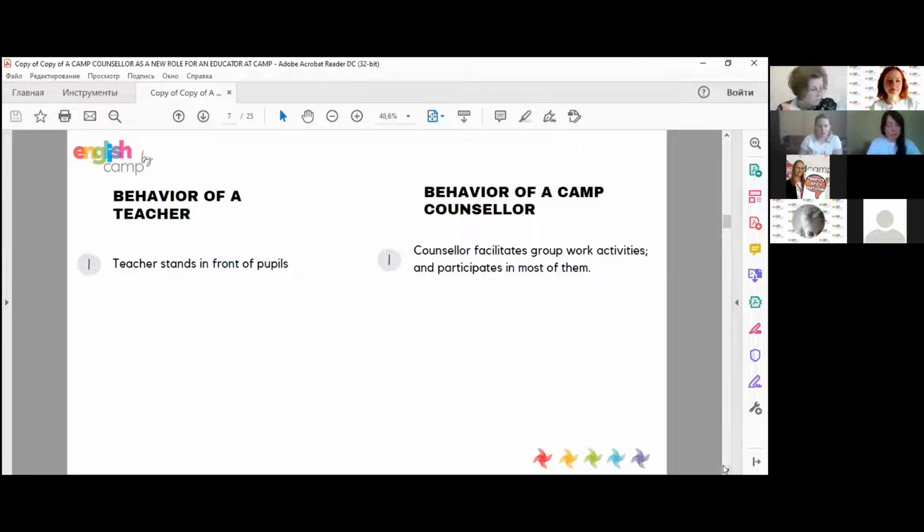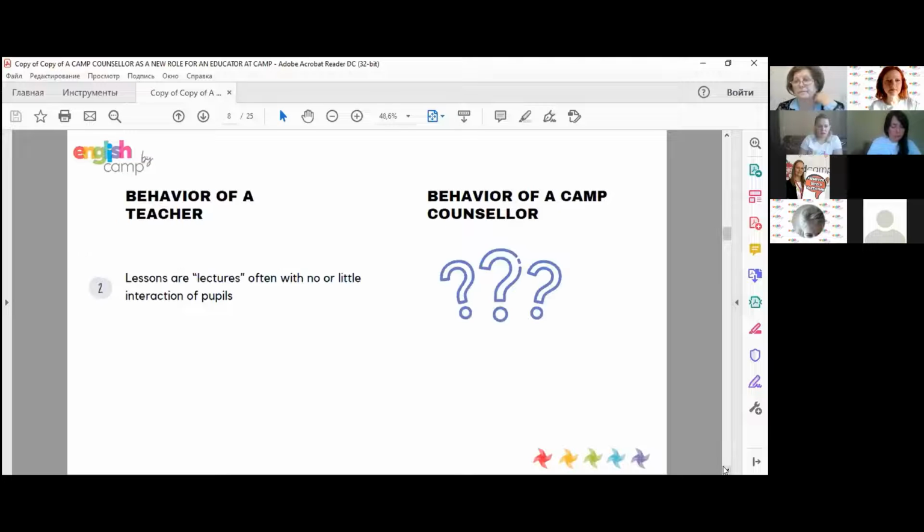Okay, I'd like to give you one more behavior feature of a teacher, of a lesson. Lessons are lectures, often with no or little interaction of pupils. What do you think about camp? Well, to defend a lesson, not many lessons are really lectures, but we mean here a very traditional lesson, which does happen sometimes.